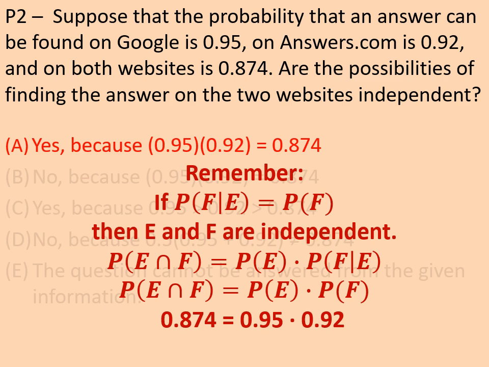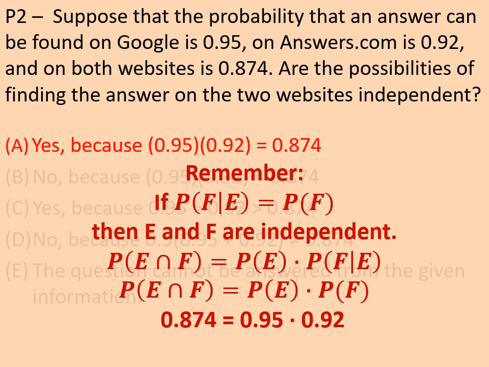Remember that if they're independent, the probability of an event F happening, given that E has already happened, is the same as the probability of F happening. So F doesn't depend on whether E happened or not, and that's what we mean when we talk about independence. So we know that the probability of F and E happening is equal to the probability of E happening times the probability of F given that E has happened.